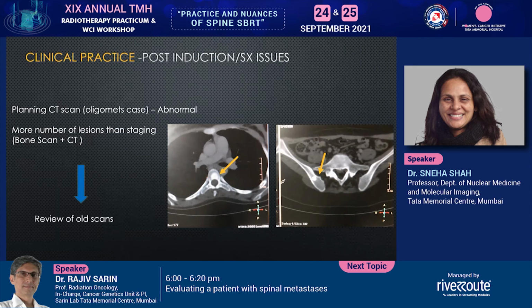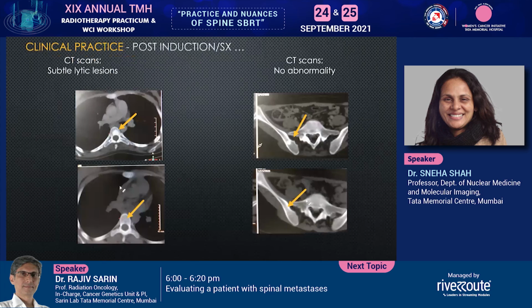You then go back to review the old scans and see whether these lesions were actually present earlier and were missed. These are the new lesions which you're seeing. And what you identify is that this lesion in the dorsal vertebrae actually was a very small subtle lytic lesion, whereas this lesion in the iliac was not seen at all, and was probably a marrow lesion which is not identified on imaging.